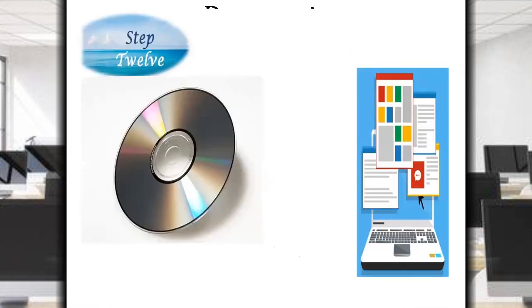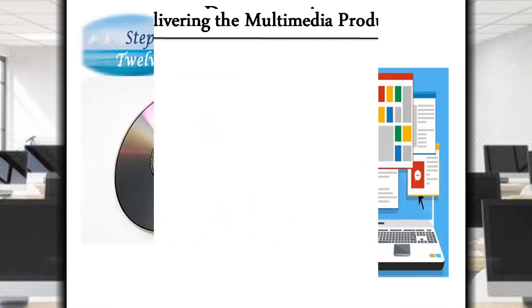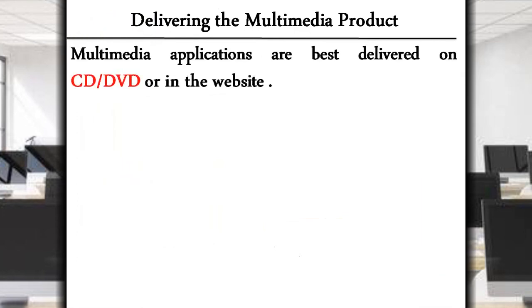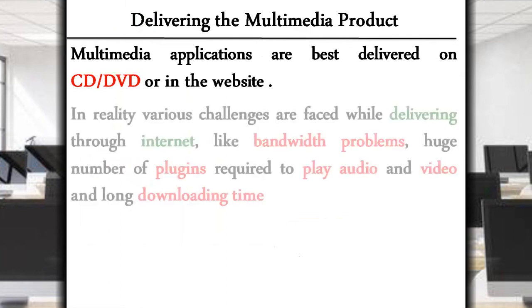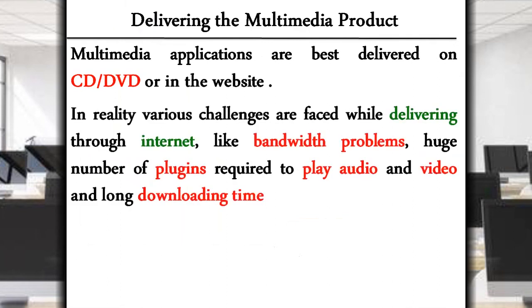The last step, the 12th step, is delivering the multimedia product. We can deliver the multimedia product on two mediums, CDs and DVDs, or on a website. We have some drawbacks while delivering the multimedia product on a website, because bandwidth problems, plug-in problems, and audio video play problems during the downloading time of multimedia may occur, and that has to be reviewed in your website launching.